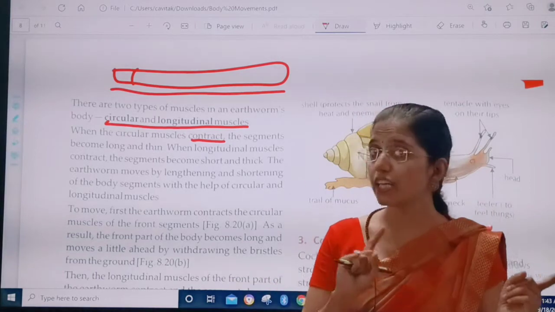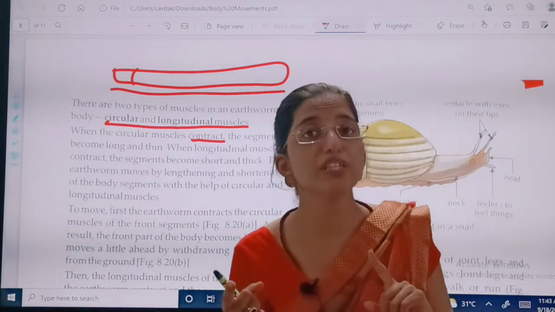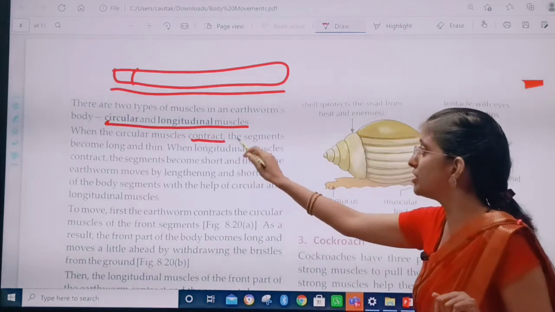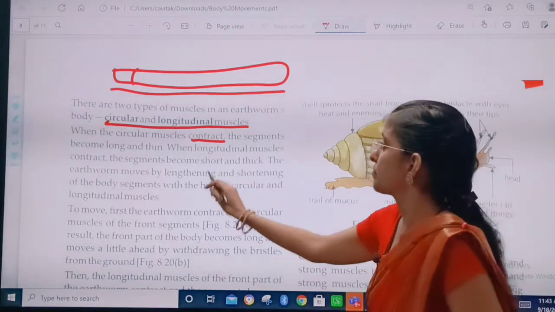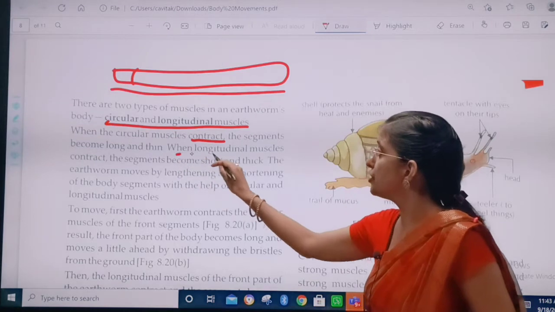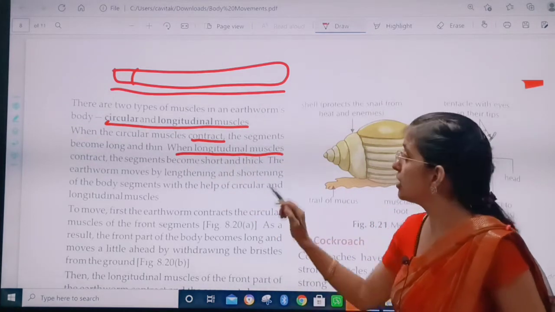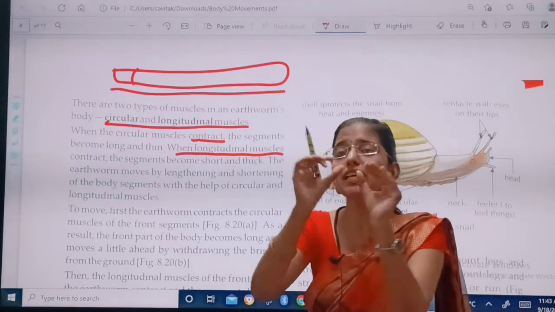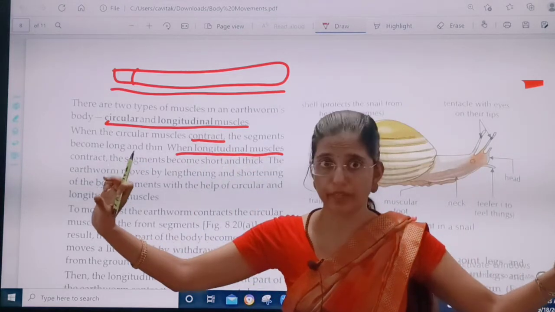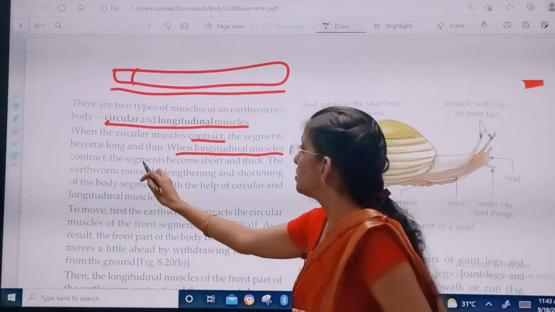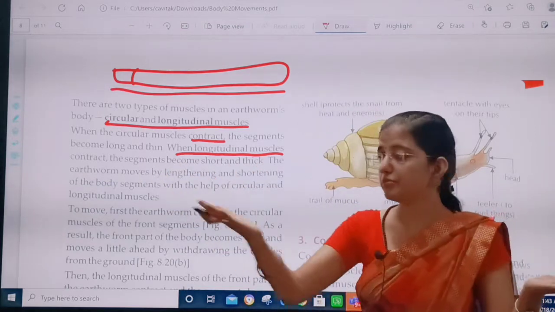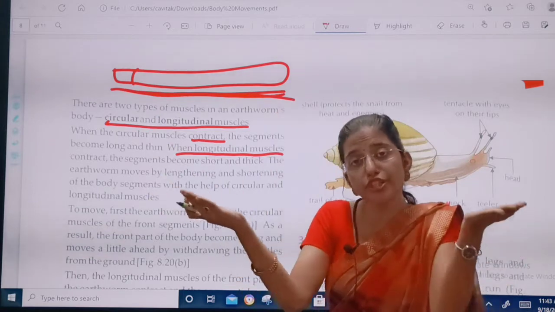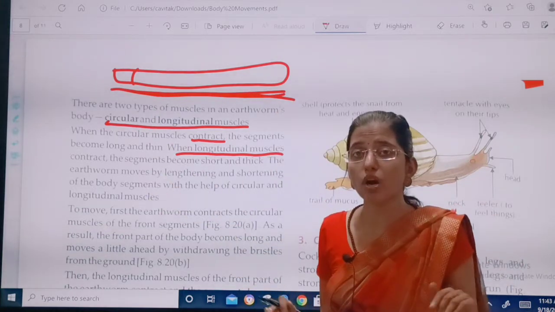Now, I had told you that muscles always work in pairs. If the circular muscles contract, the segments become long and thin. And if the longitudinal muscles, the muscles which are present like this, contract, then what will happen?